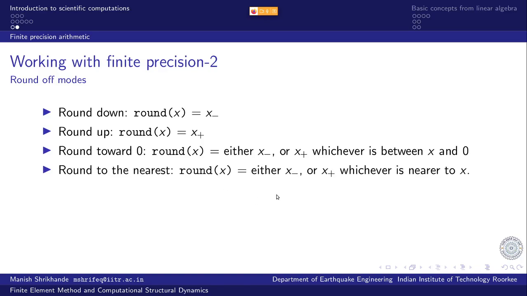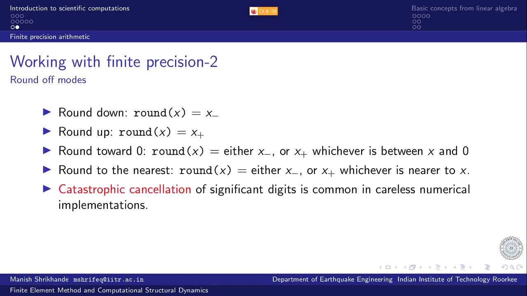Round to the nearest means whichever machine representable number is closest, either on the higher side or the lower side. Generally, unless otherwise specified, round to the nearest is in operation.